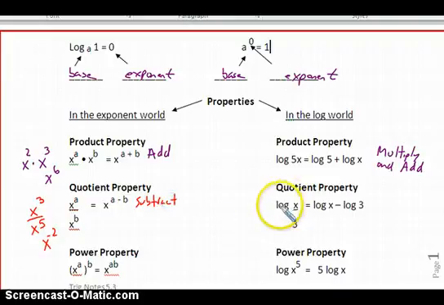Well, over here, if we're taking the log of something that we're dividing, we can expand it to write it as subtraction. Or we can condense these two logs that are being subtracted to write it as a log that's being divided. So we want to think of division and subtraction going together.